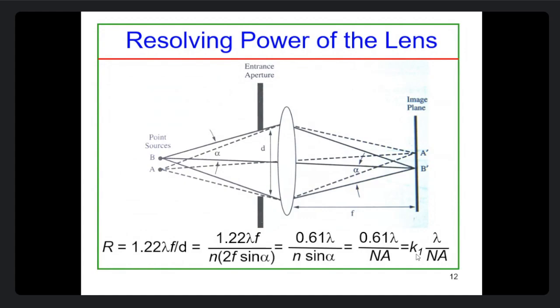In our case, what kind of photoresist are you using on this image plane? You are using the PR on the wafer, the PR coated wafer. So what kind of PR you are using, the k value depends on that also.